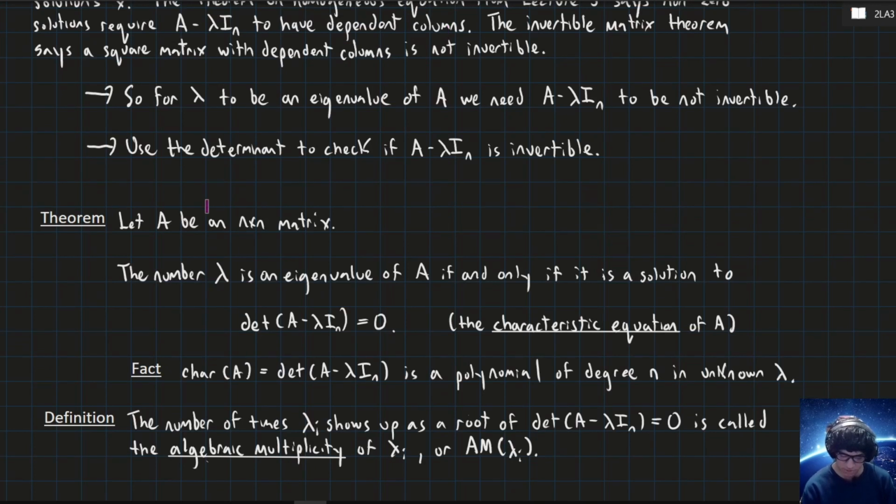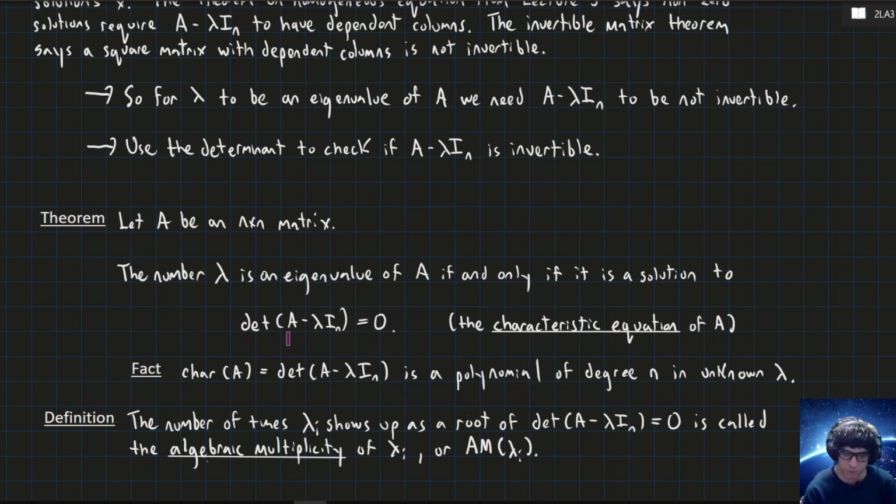So here's the theorem. Let A be a square n by n matrix. The number lambda is an eigenvalue of A if and only if it's a solution to the characteristic equation of A, and that is this expression here.